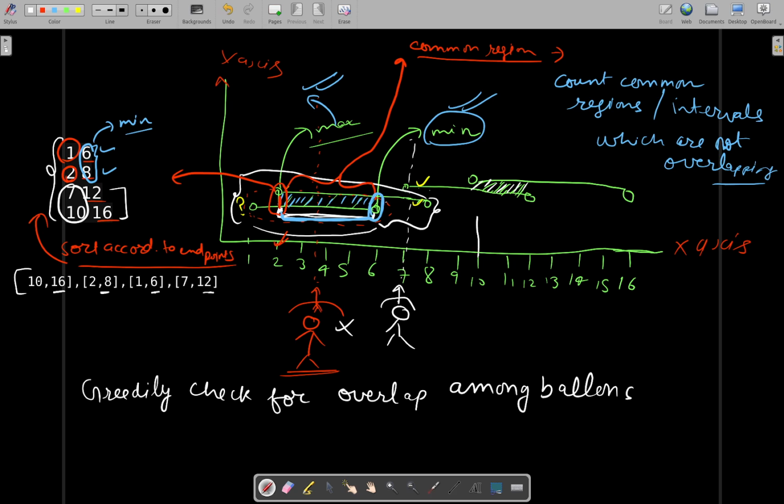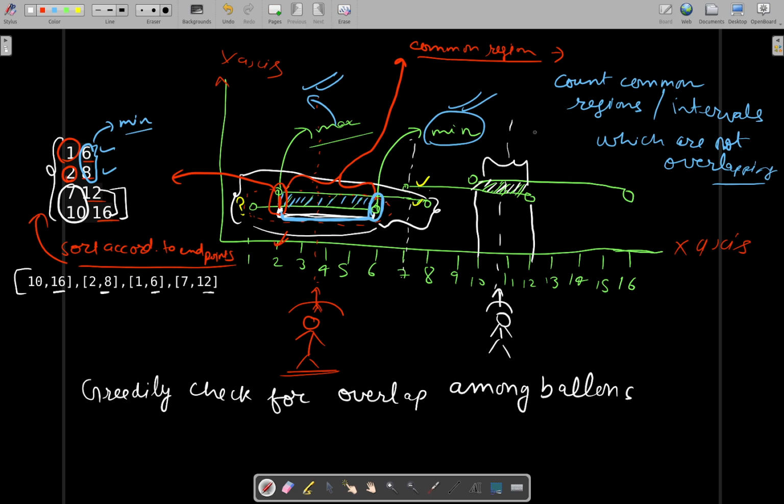So the maximum value was 10 here, and for the last part, or the right part, we have taken the minimum. Okay, this is the minimum. So this is another common region, and these two will not be overlapping. So we require at least 2 arrows to burst all the balloons. So one of the arrows should be shot from this particular region, and it will end up bursting all the balloons.